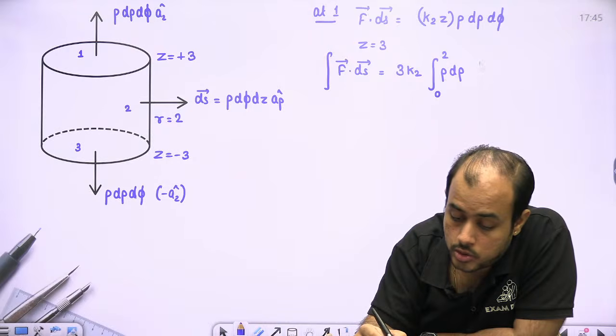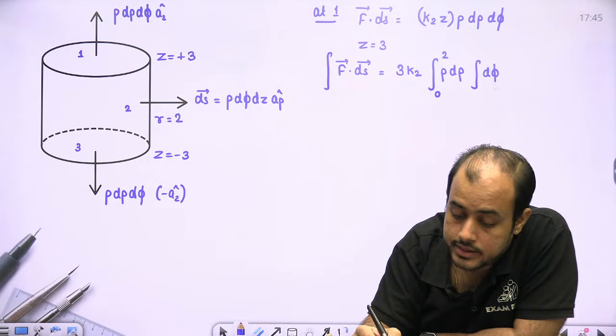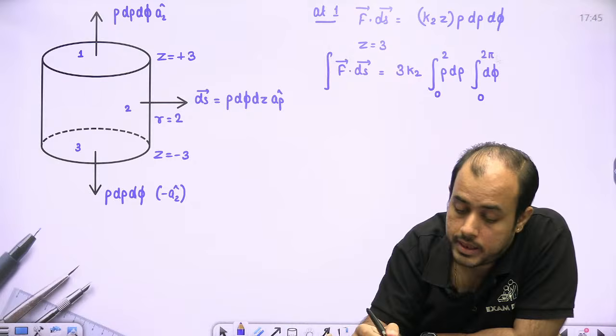Radius varies from 0 to 2, and phi in a circle varies from 0 to 2 pi.